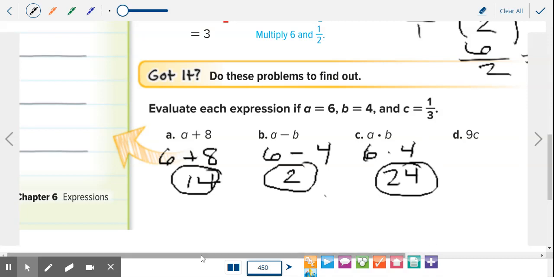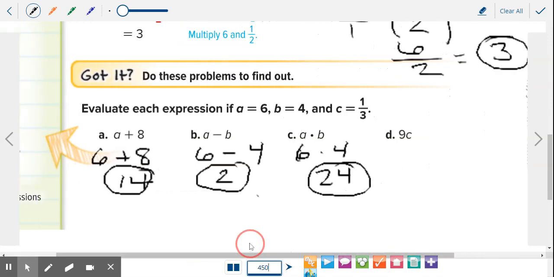And letter D. Who can walk us through that one? Isabella. Okay, so we replace C with 1/3. So it's going to be 9 times 1/3. Okay, what do we have to do now? We have to turn it into a fraction. So it becomes 9 over 1 times 1 over 3.